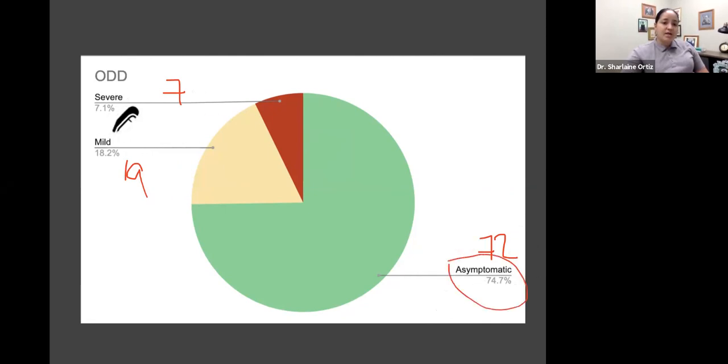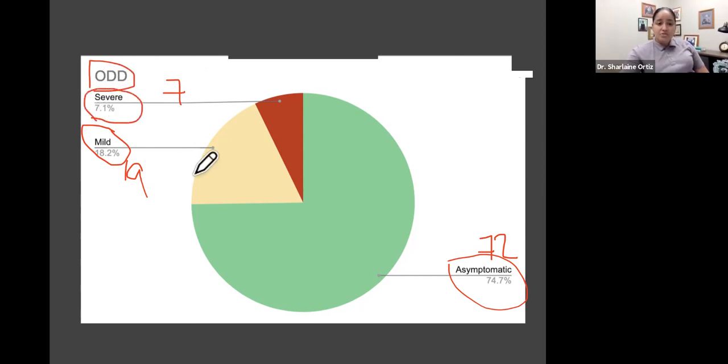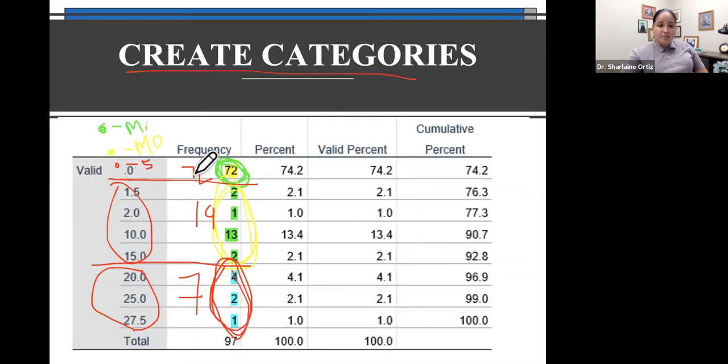We had about 19 of those children who were expressing ODD, oppositional defiant disorder, in a mild fashion. And then we had about 7 children who presented those symptoms within our made up scale of 0 to 27.5.